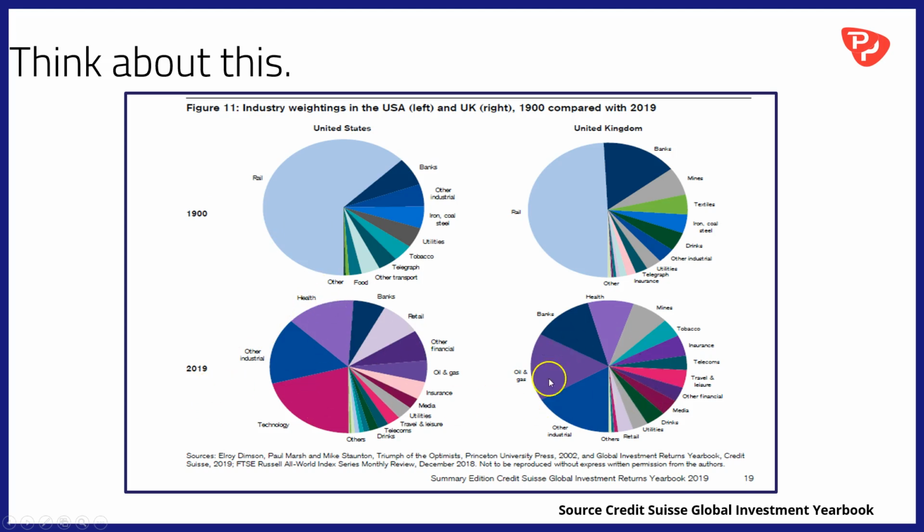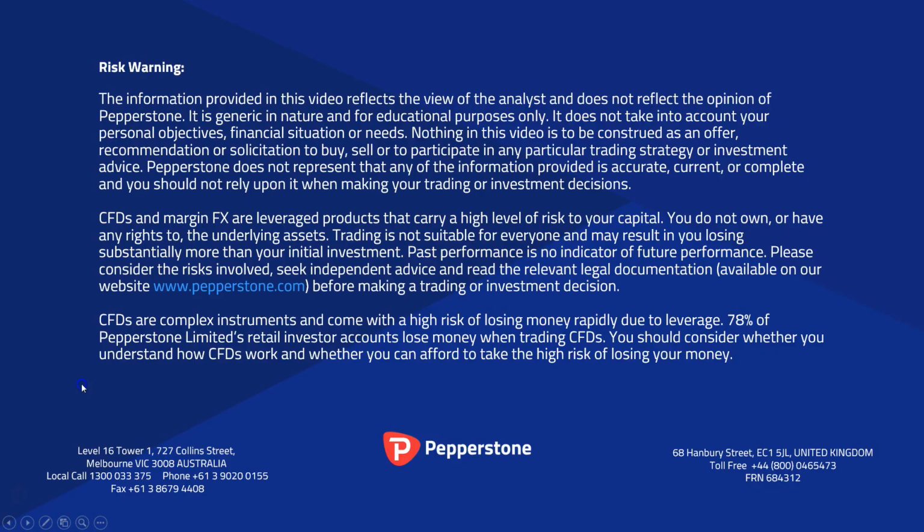Fascinating to look at the breakdown in sectors, but very interesting, for instance, to note that rail was the dominant sector, shall we say, in the stock markets of both the UK and the US just over 119 years ago, and how that breakdown now has changed with many more sectors and less dominance in any one particular area. Well worth studying that chart anyway, and looking up the investment yearbook for a larger perspective.